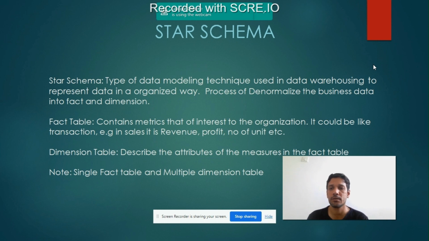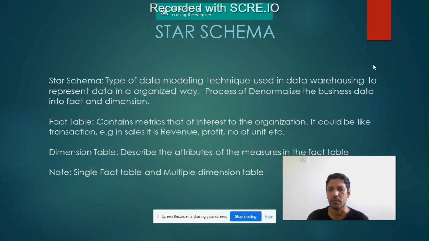One is that you should know how to denormalize the business data into fact and dimension. So what are fact tables and what are dimension tables? These terms you should understand when you are doing this star schema.